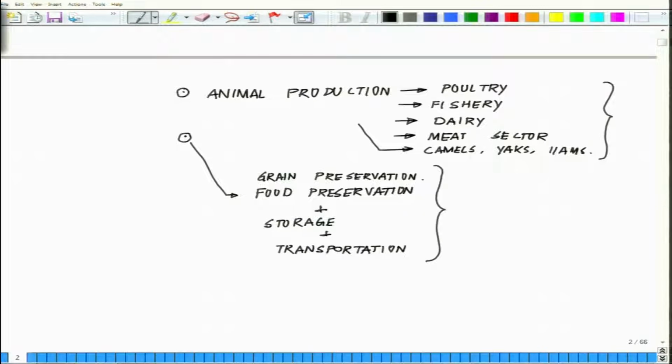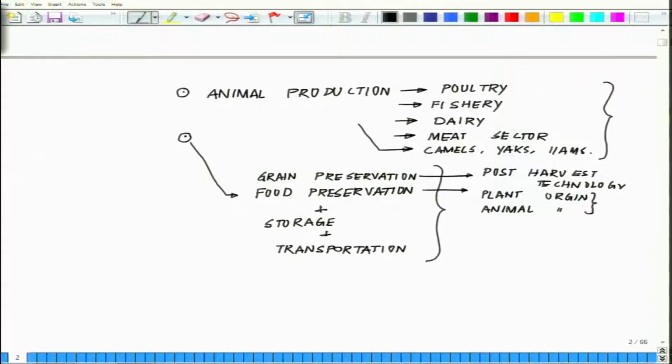For the grain, the food, if it is not of an animal origin, in case of grains, it falls under post harvest technology, whereas for food preservation, if it is of plant origin or any kind of vegetative origin, or animal origin, which includes preservation of milk all the way to preservation of meat and all other products.